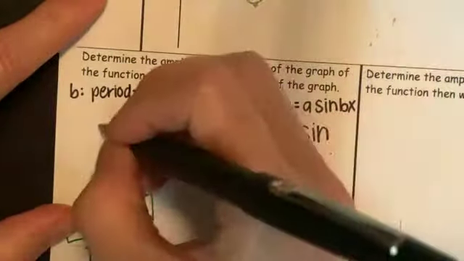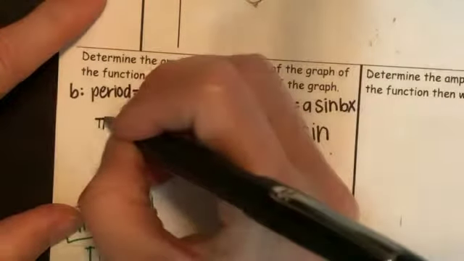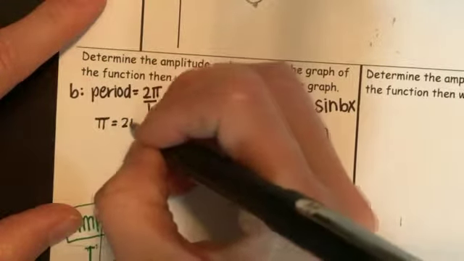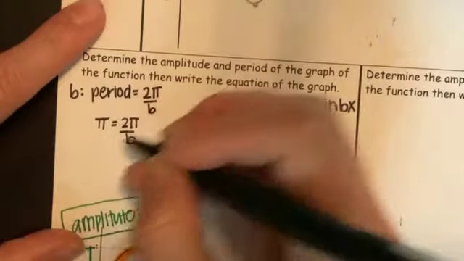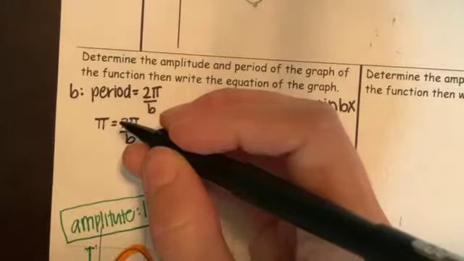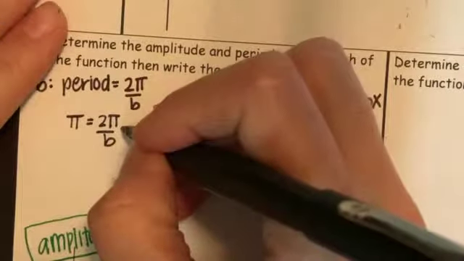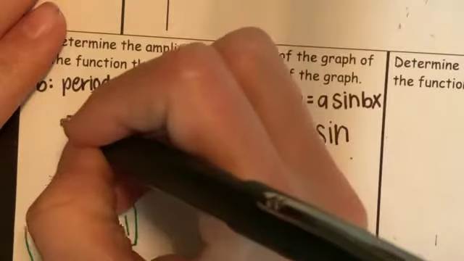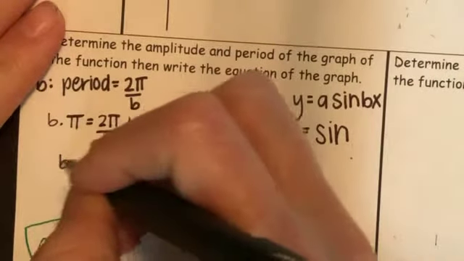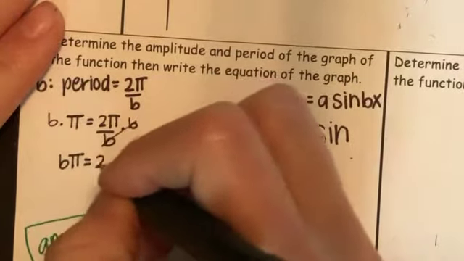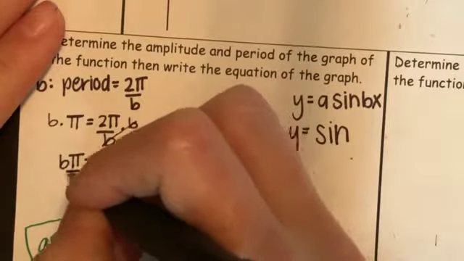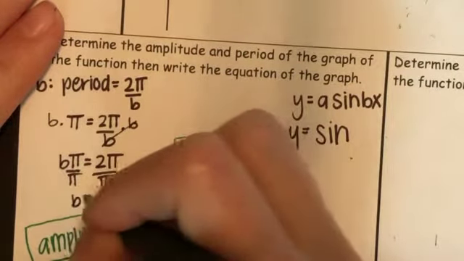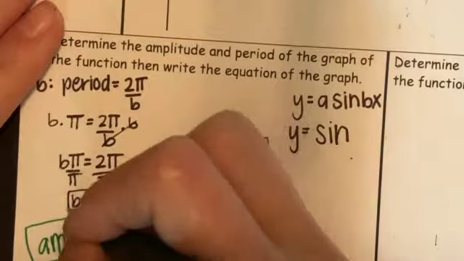The period we know is pi, so I'm plugging that in for period. That equals 2 pi over b. If I want to solve for b, I would multiply b to both sides, and I get b times pi is equal to 2 pi. Then I'm going to divide by pi, and my b equals 2.